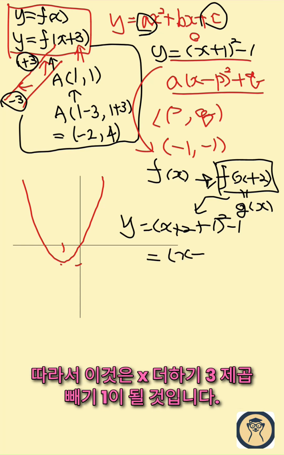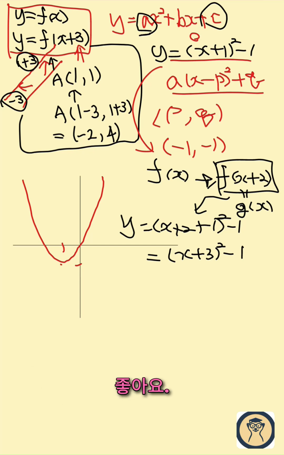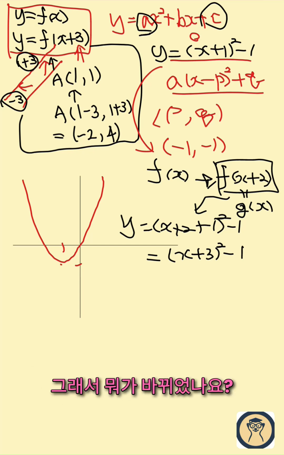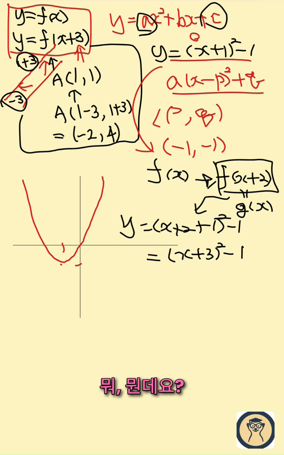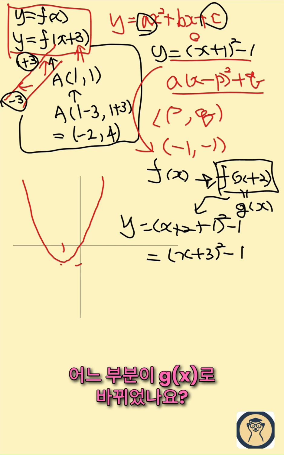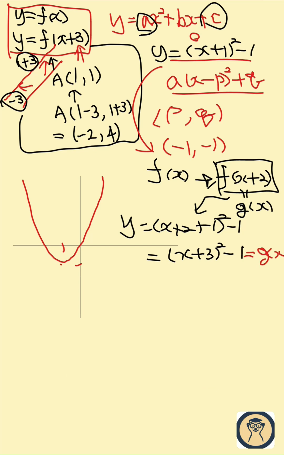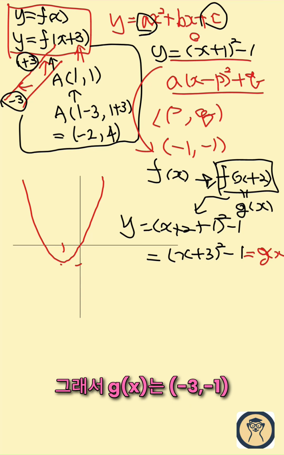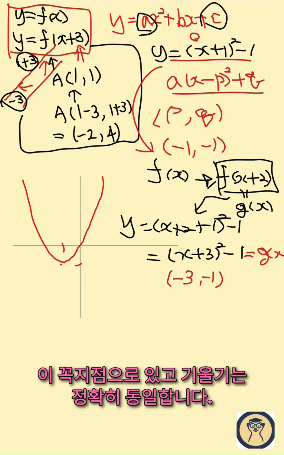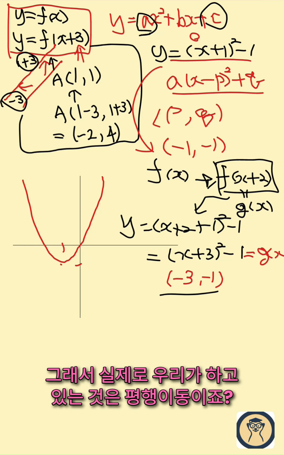So this is going to be (x + 3) squared minus 1. Okay, so what does it change? Which part has been changed in the g of x? The g of x has (-3, -1) as a vertex point, and its slope is exactly the same. So actually what we are doing is translation, right?